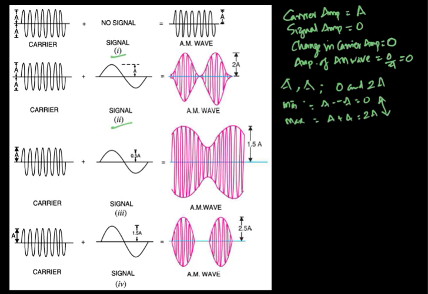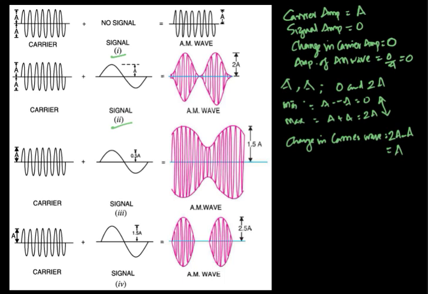So the maximum change in the amplitude of the carrier wave is given by maximum 2A minus the amplitude of the carrier wave, which is A here, so 2A minus A, which is equal to A itself.